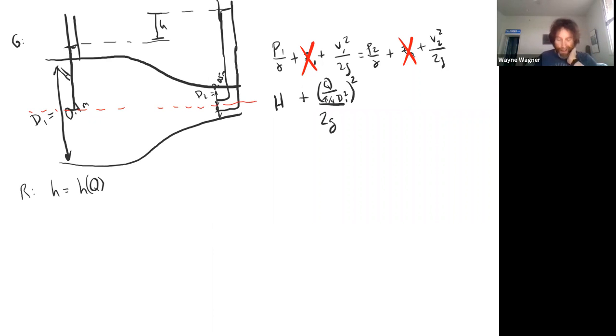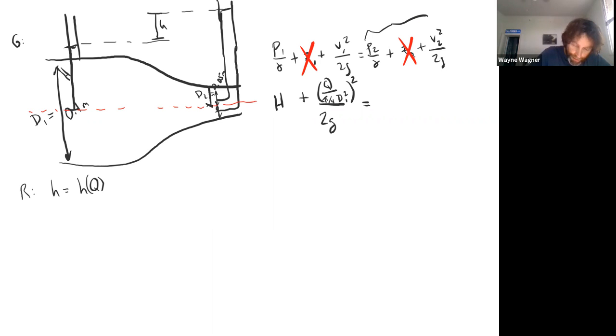I don't like that, which is why I usually solve for V1 first and then get Q. With all the fractions, in squaring, it just asks for a careless error. But on the right-hand side, we've got P2 on gamma plus V2 squared on 2g.